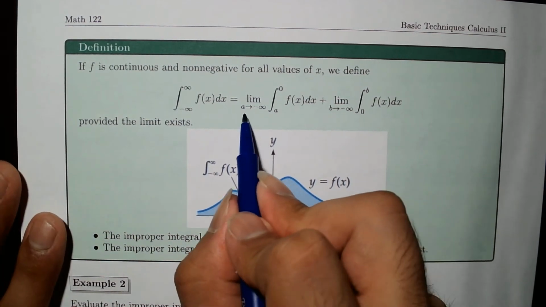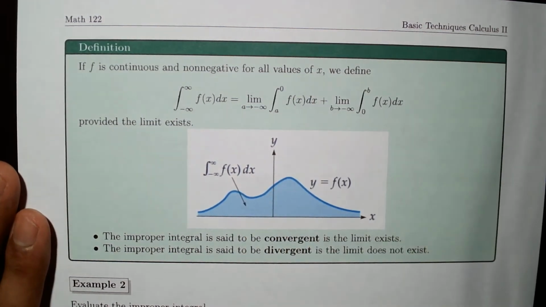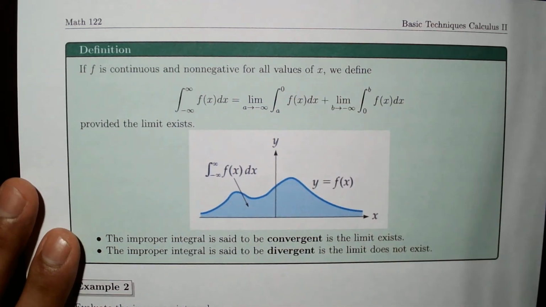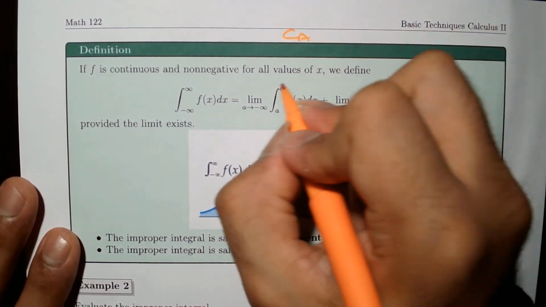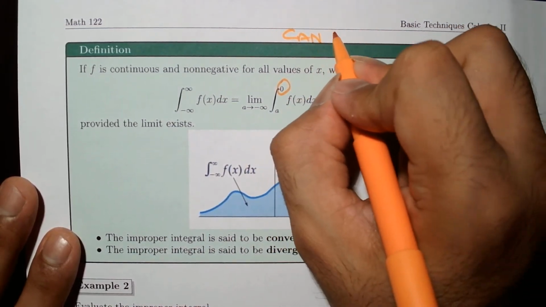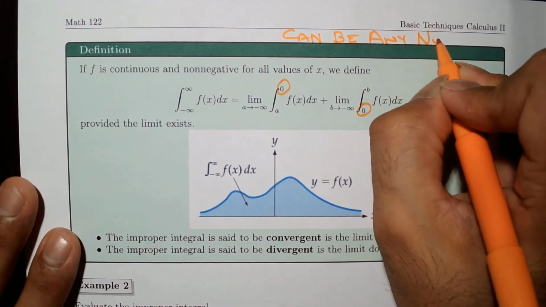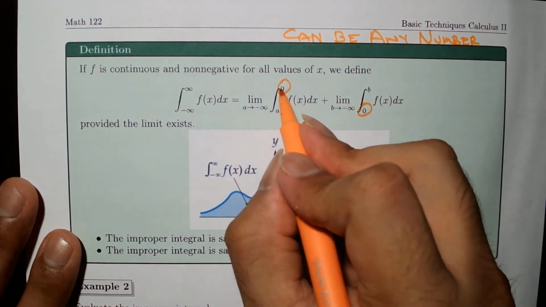So all we do is write it in two separate integrals. In this case, it would be a good idea to specify that this 0 right here can be any number. However, typically we choose 0.